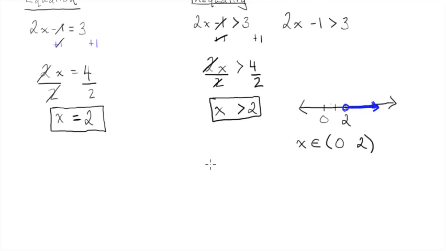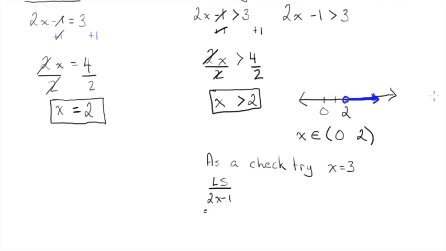You could also check your answer. Try a number bigger than 2. Try x equal 3. 3 should satisfy this inequality. On the left side, 2x minus 1 would be 2 times 3 minus 1, which is 6 minus 1, which is 5.